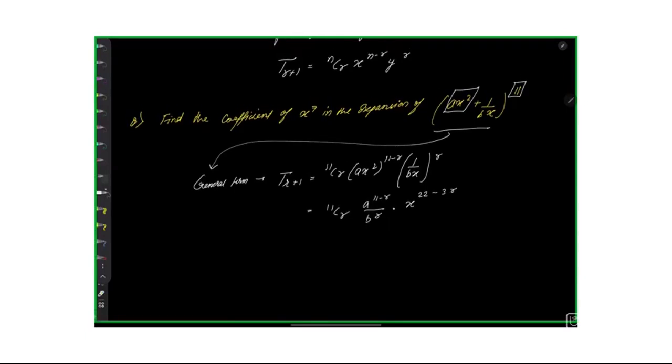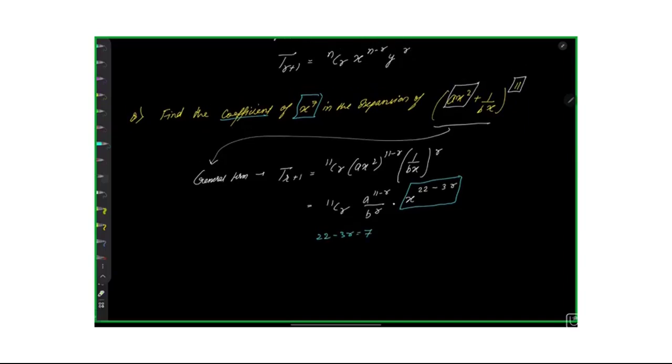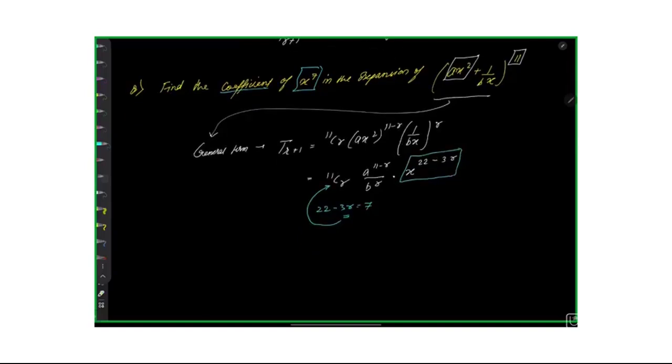Now we know that we have to find the coefficient of x to the power 7. So here we have x to the power 22 minus 3r. If we equate 22 minus 3r equals 7, we should get the value of r from here, and we can substitute it in the coefficient term to get the coefficient, right? Now from this equation, if we substitute 7, it is nothing but 3r equals 15.